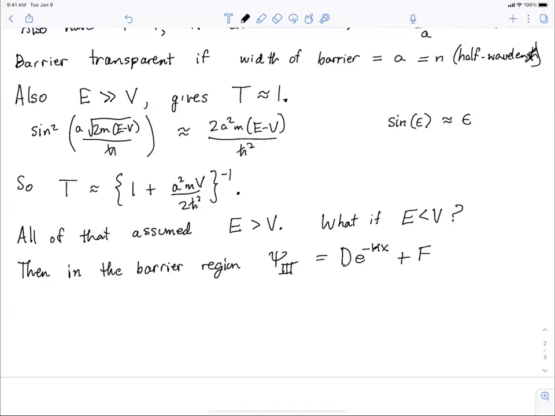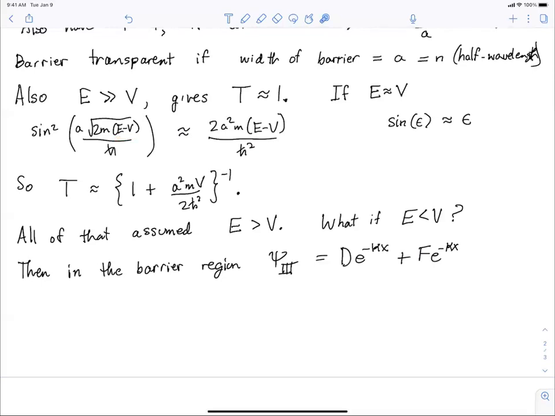Sorry, Professor. Yes? I'm sorry to interrupt you again. I'm a little bit slow. What happened up there? The sine squared equals 2a squared? Right. Good question. There I was actually looking at the case, I forgot to write this down, if the energy is approximately equal to V. If the energy is approximately equal to V, then this is a very small number.